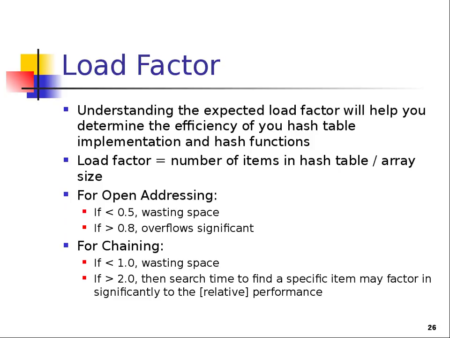If it's over 80%, you usually have way too many collisions, which you wish to avoid. For chaining, it's a little different. Less than 1 is wasting space because you can always add more items to the chain. And greater than 2, searching starts to hinder performance because your linked list might be getting pretty long.